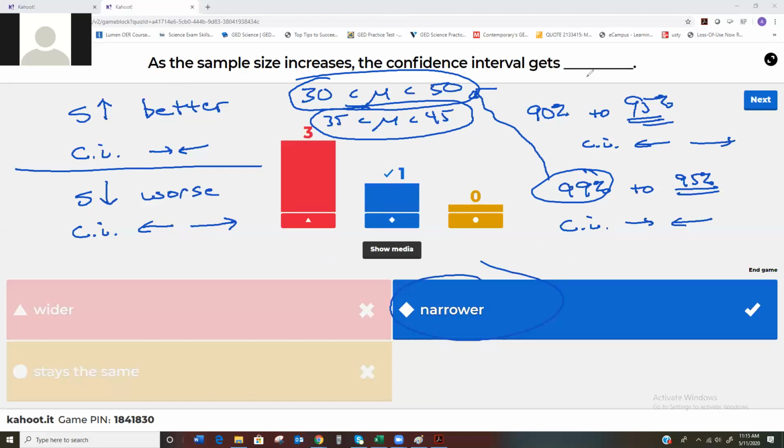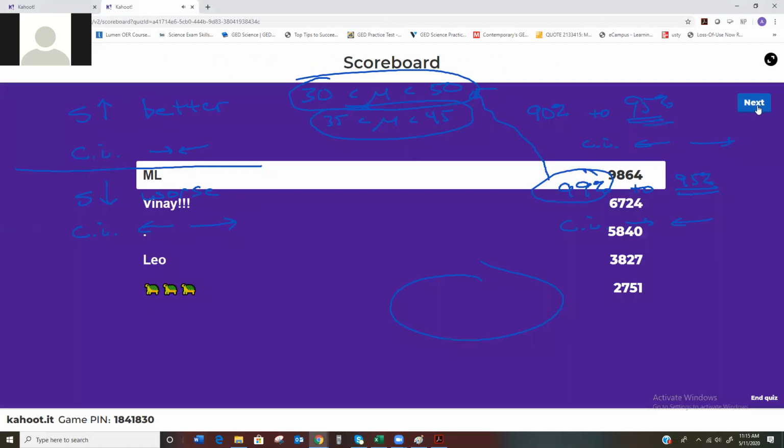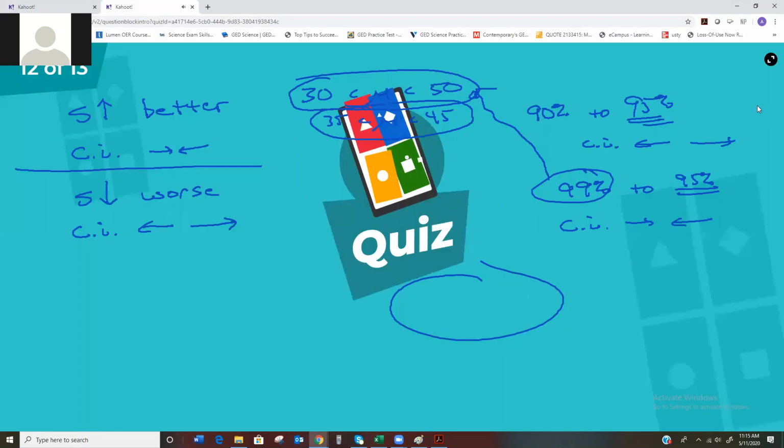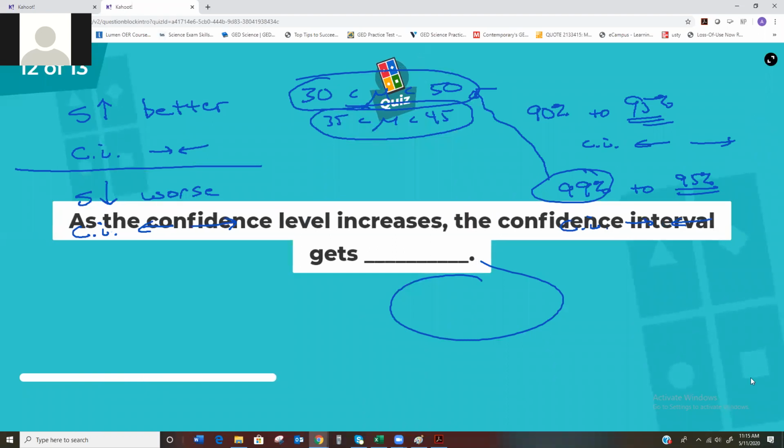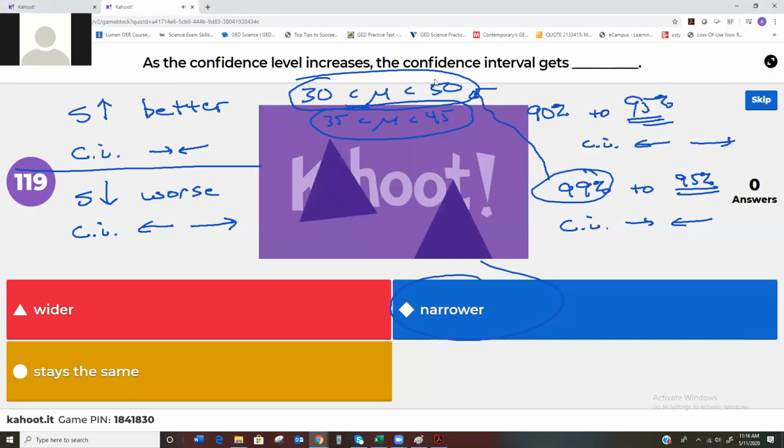Okay, let's look at the next one. I'll leave all this stuff on here. It might have something to do with it again. So as the confidence level increases, what does that do to the confidence interval?